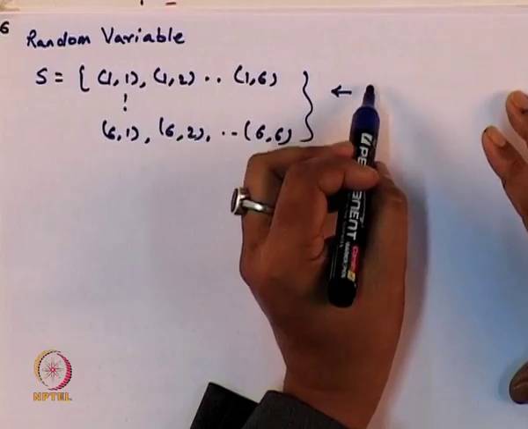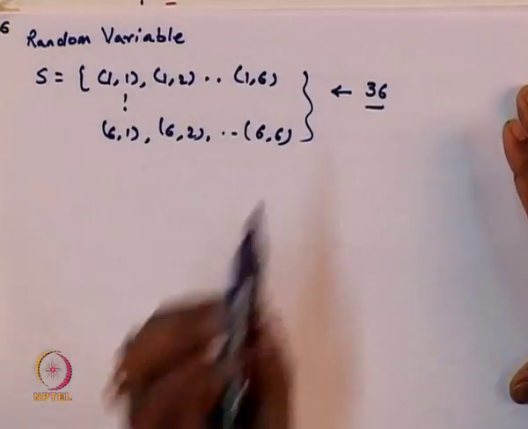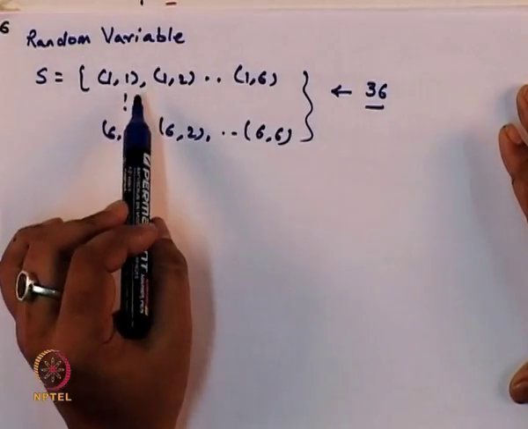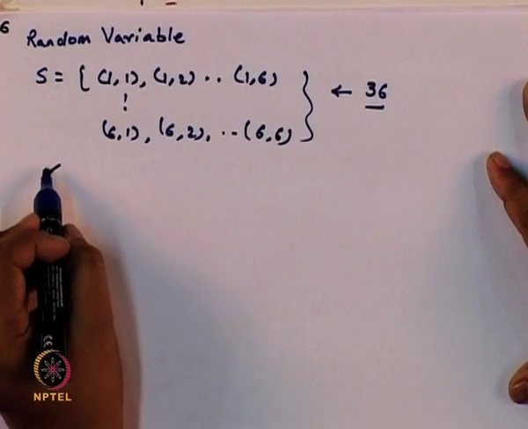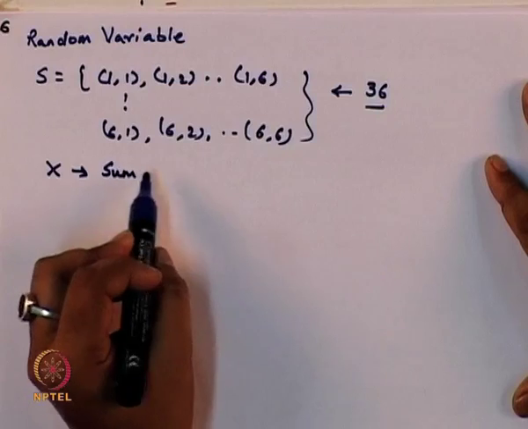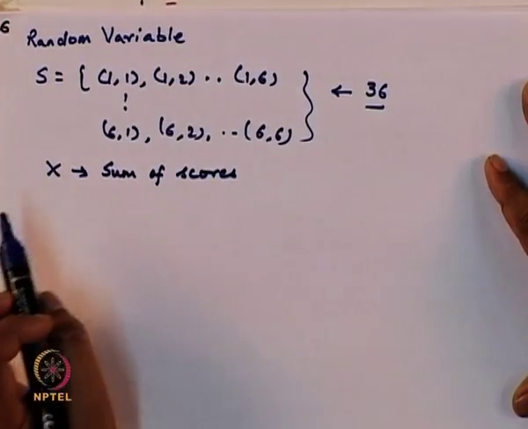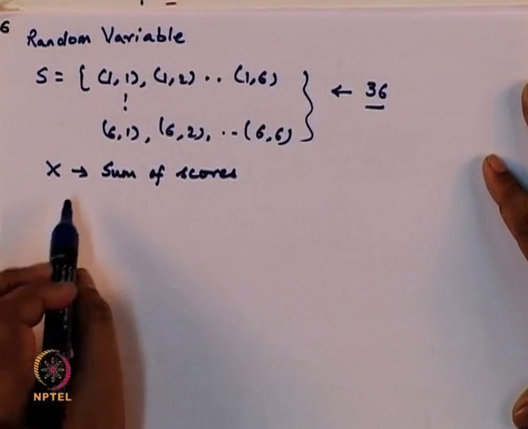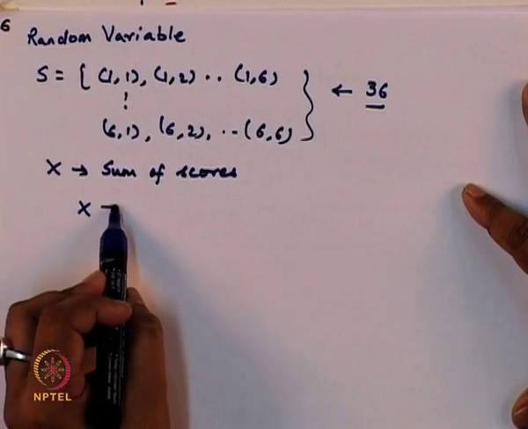And as I have discussed before, we have 36 different possibilities. But instead of being interested in just this combination alone, let us say I can decide a variable x which is the sum of scores. If that was possible, then what are the values of x which are possible?